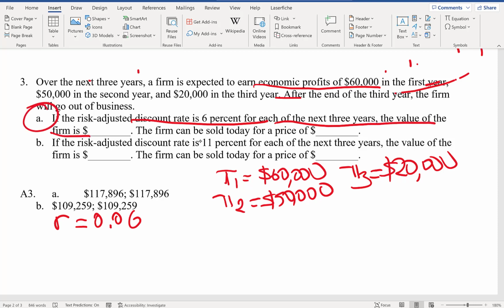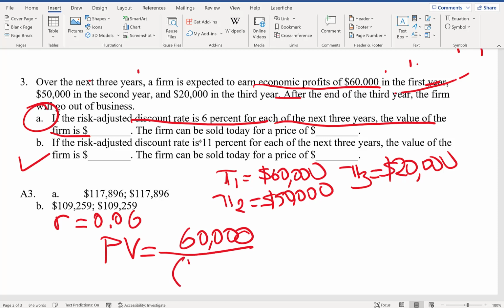So I'm going to do part A. Once I do part A, you can do part B. Really easy. Only the setup will change. So present value calculation is profit in the first period, discounted at period 0, it's going to be 1 plus R. What is my R? 0.06 raised to the power 1.